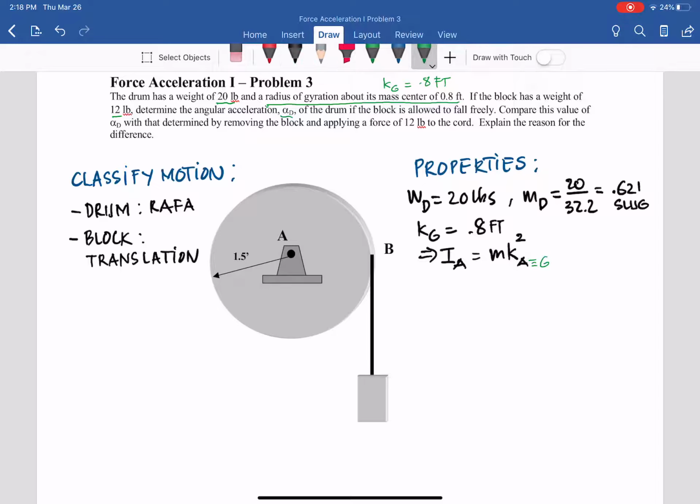So from that we have 0.621 times 0.8 squared. And keep in mind, when they give you a radius of gyration, you don't need to go to the standard thin disk or things like that to get the mass moment of inertia, but use m k squared. So I_A here equals 0.397 slug feet squared.